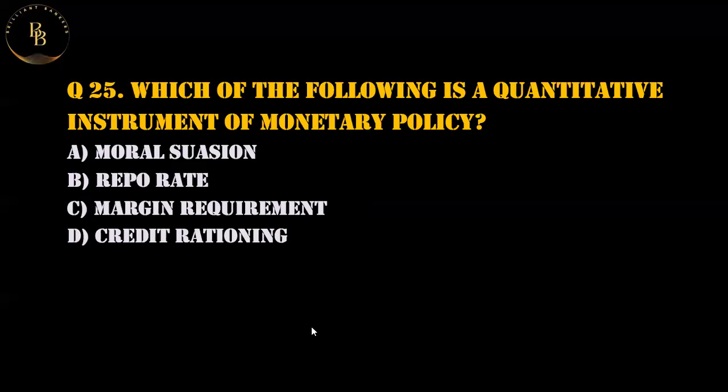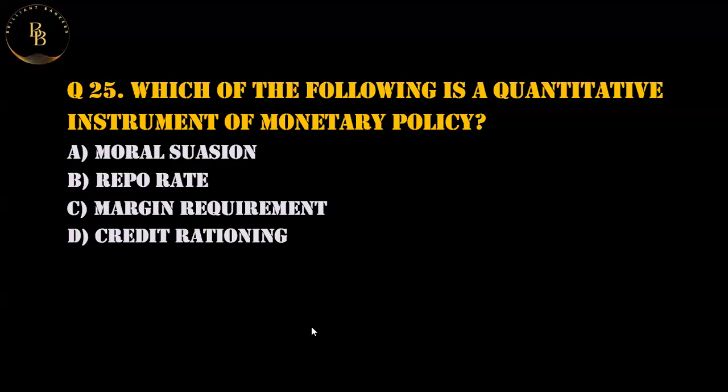Question number 25. Which of the following is a quantitative instrument of monetary policy? Moral suasion, repo rate, margin requirement, or credit rationing?